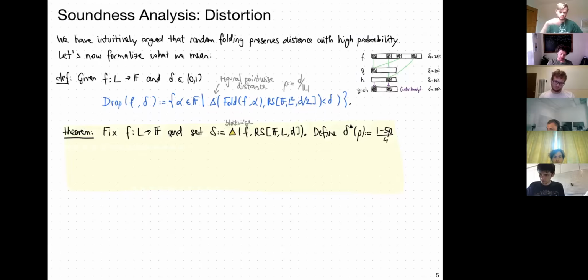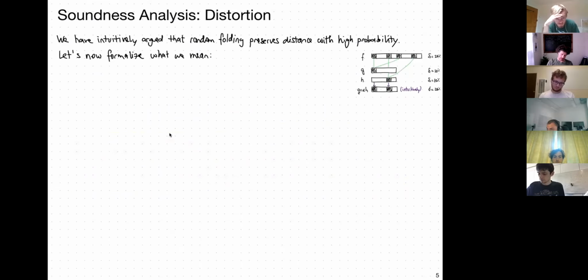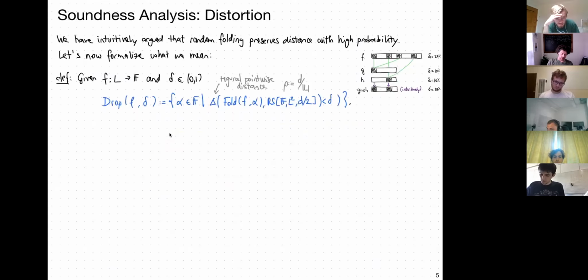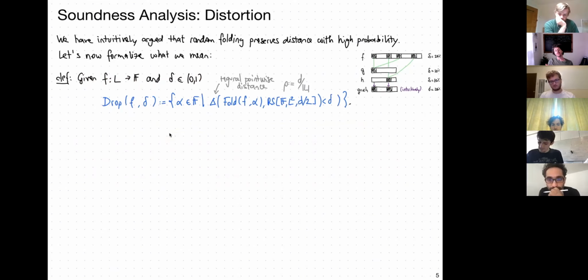So, take some function f and some distance delta. I want to say what is the drop set of f with respect to parameter delta. Before we look at the equation, let's say what it intuitively means. It tells us what are the random coefficients according to which we fold where we will lose distance, right?